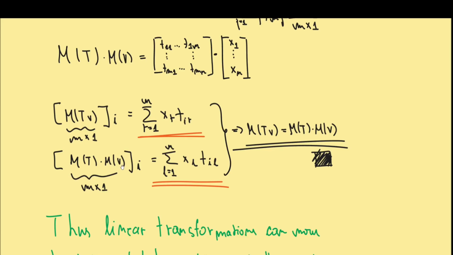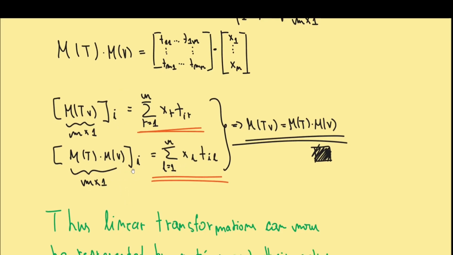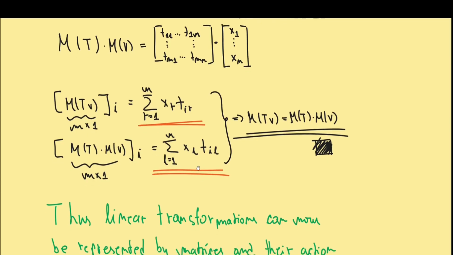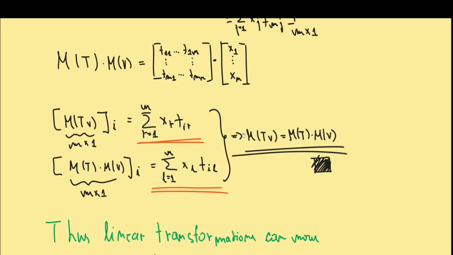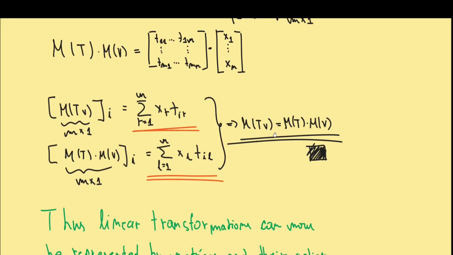And over here, this is the matrix of our vector containing these scalars, x1 to xn. Well, the jth column here, there is only one column, so j is equal to 1. And then we just go through the scalars with l. So we get the same sums for the ith elements. Thus, we can conclude that the matrix of this is the same as the product of these two.